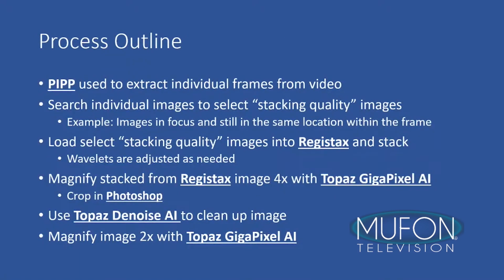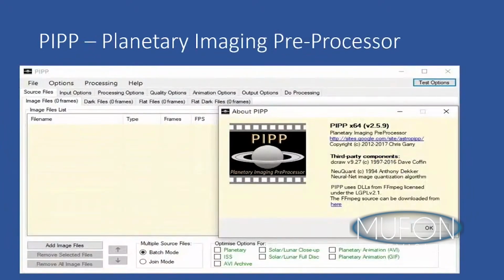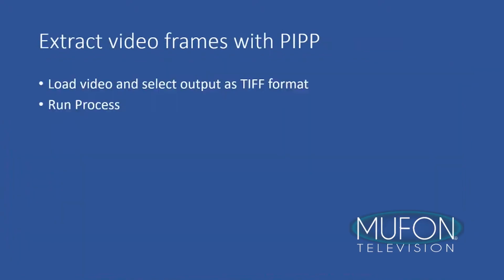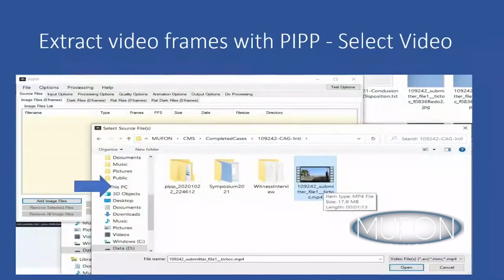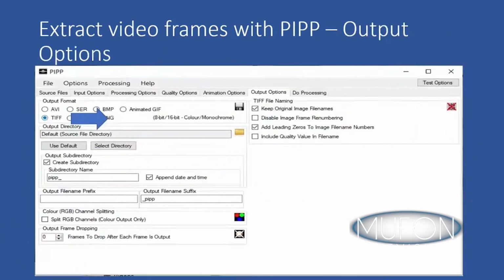He used PIP software, and then he used Registax, and then he used Topaz Gigapixel, which is an addition to Photoshop. All of this was to clean up an image of what we were looking at on the video. I'm just going to go through it quickly.